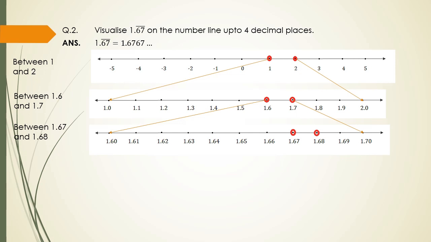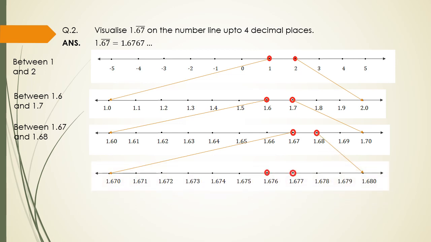Getting it? So for the next step, once again we are going to magnify the portion of the number line between 1.67 and 1.68. So let us magnify this portion. We are going to divide it into 10 equal parts.